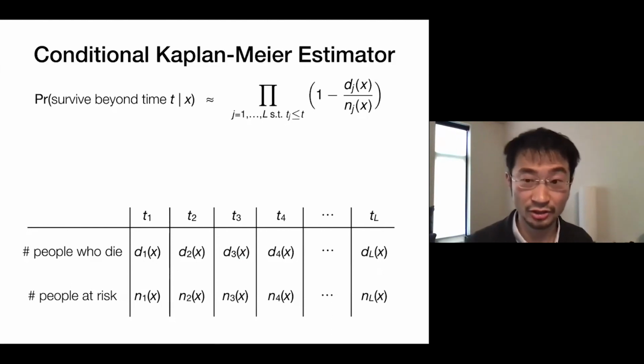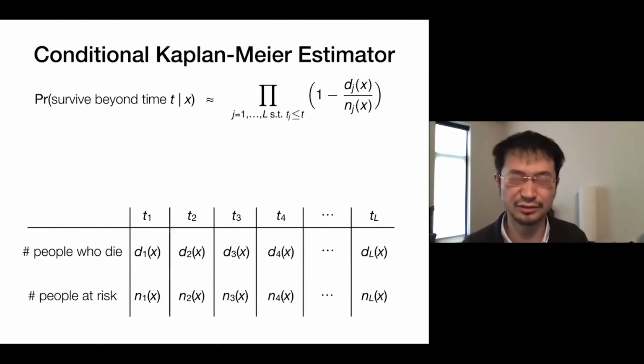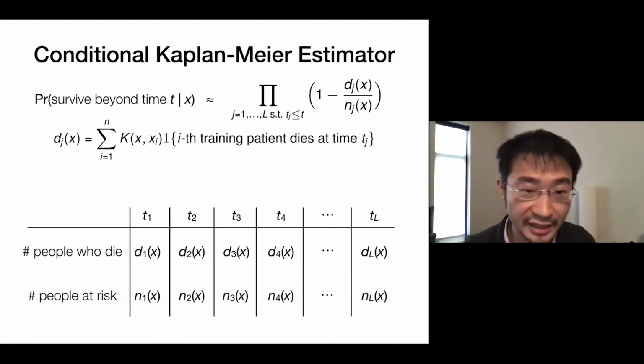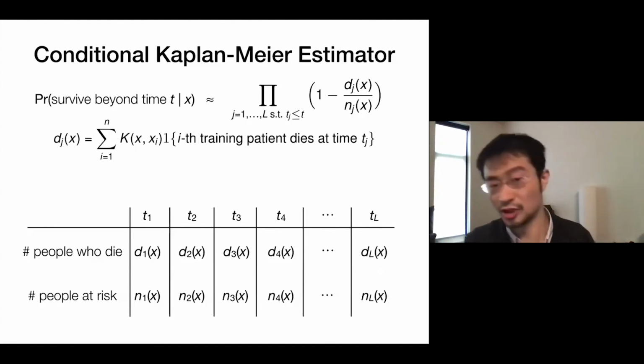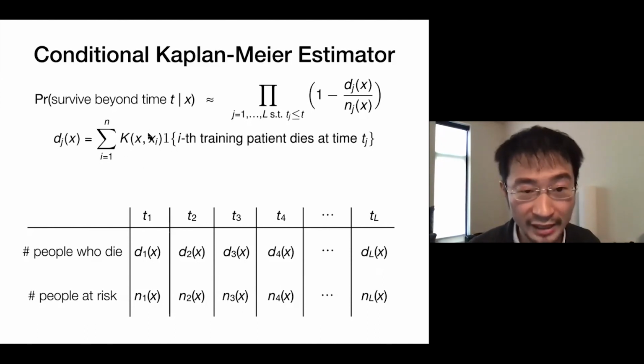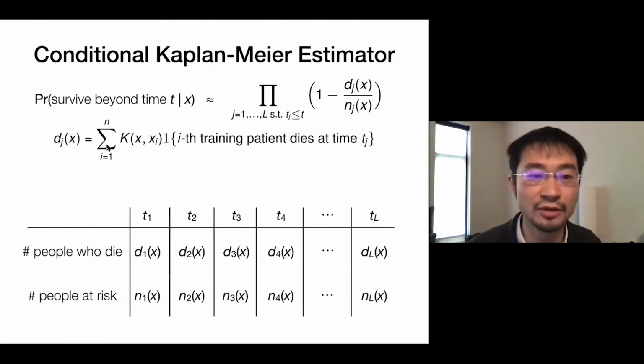The only difference is, now when I calculate how many people died at time j, instead of just looking across all the training patients, each training patient now gets weighted by a kernel function. The more similar xi is to test subject x, the higher this kernel weight will be.